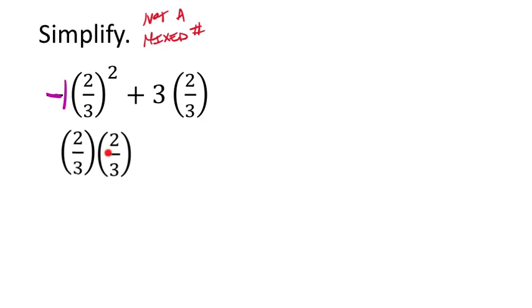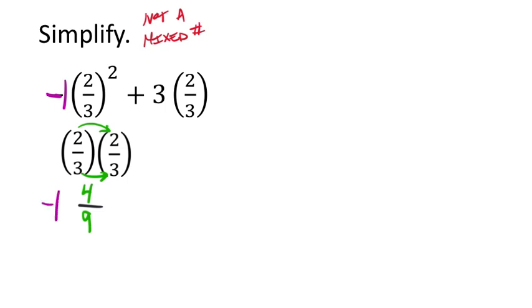So what I have from here is just fraction multiplication, which I will do. So I've got 2 times 2 in the numerator, which is 4. And in the denominator, I've got 3 times 3, which is 9. Okay, so I've got 4/9. You're welcome to put that in parentheses if you'd like. I'm not going to do it, but yeah.